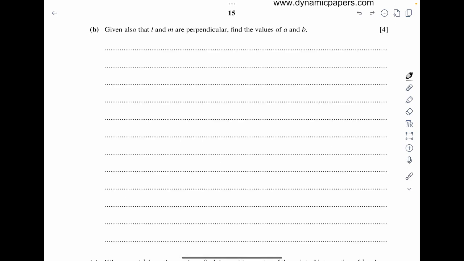Right guys, now for part b it says, given that L and M are perpendicular, find the values of A and B. So, how do we go about doing this? Well, what you need to recognize is that if L and M are perpendicular, that means the direction vectors, when you apply the dot product, must equal 0.